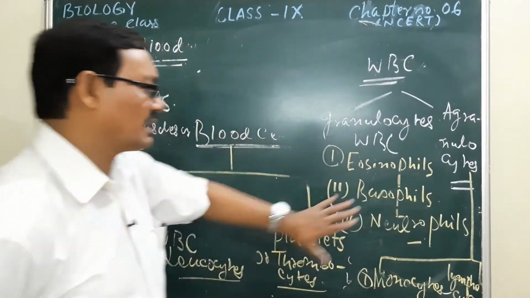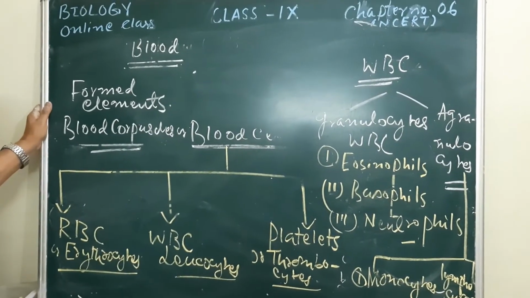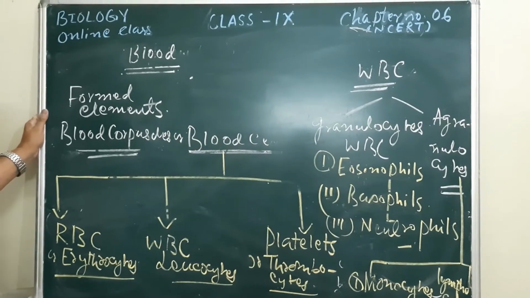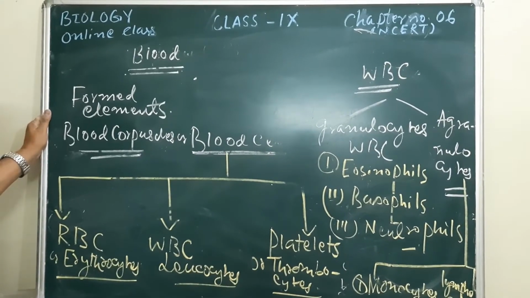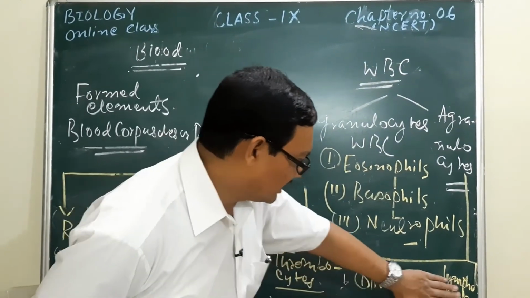And neutrophils act as phagocytes, which can engulf debris and pathogens, etc. Like here also, this is the monocytes, and here the lymphocyte.